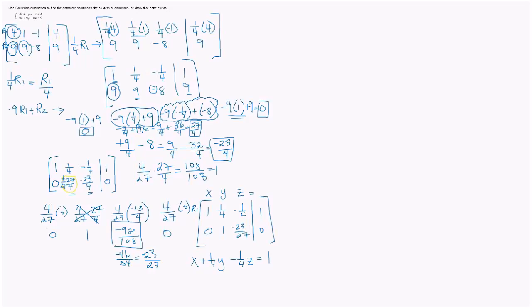In my second equation, 0x, so I don't have to write that down, but I get 1y minus 23 over 27 z is equal to 0.